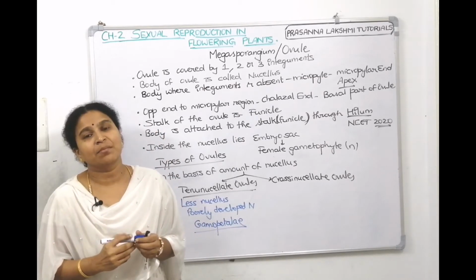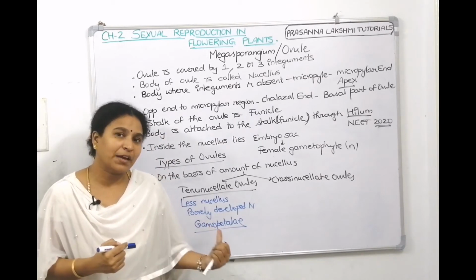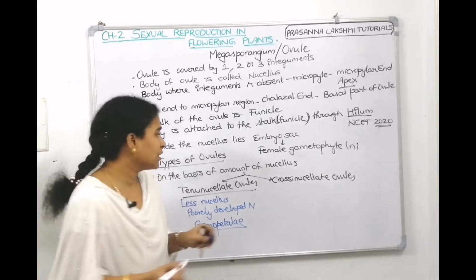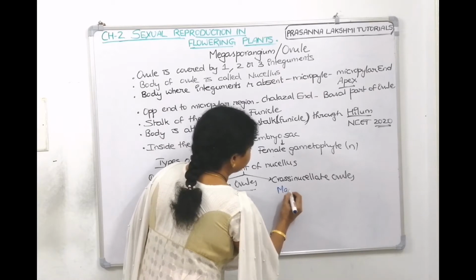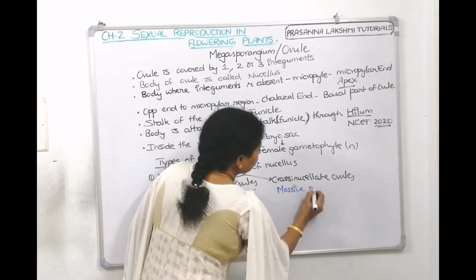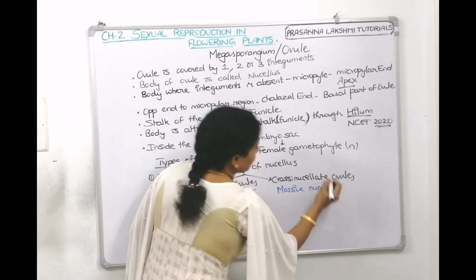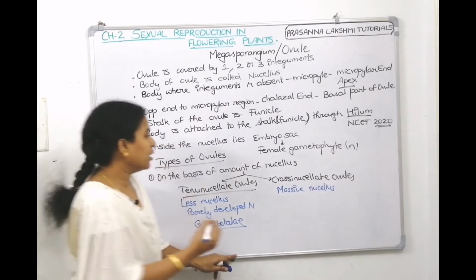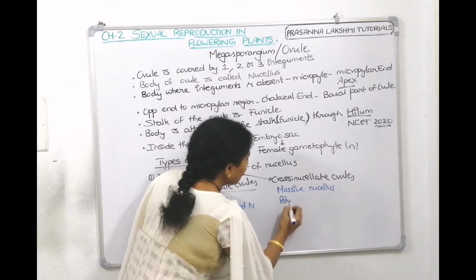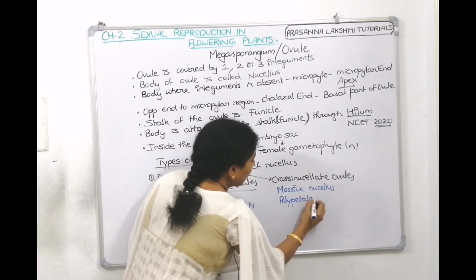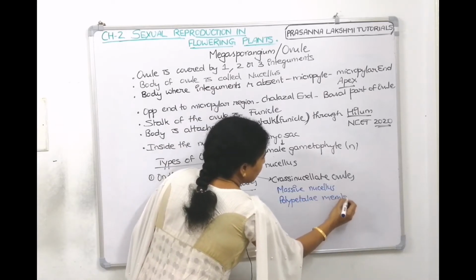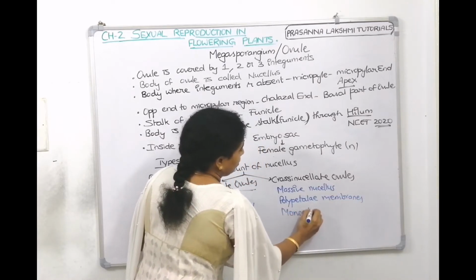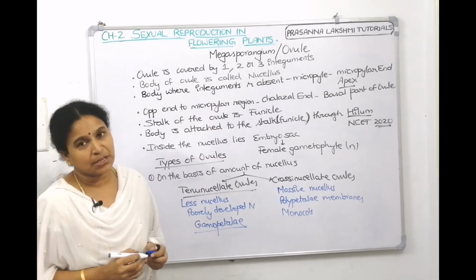Crassinucellate is the opposite: massive, abundant nucellus. Here it is polypetalous members, and the monocots also have crassinucellate ovules.